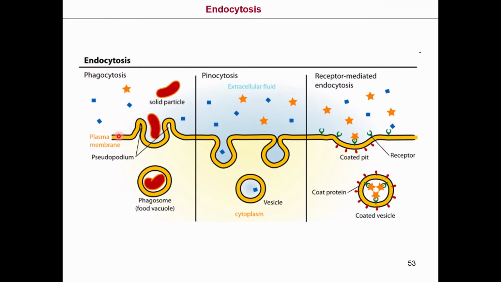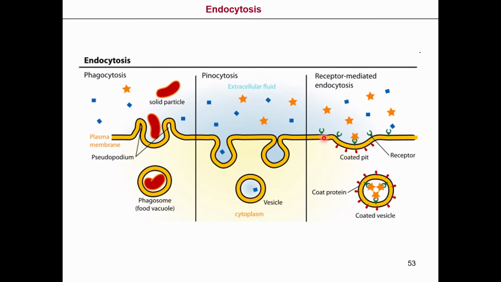It means that the plasma membrane, because of its fluidity, will form a phagosome, a vacuole, to transport something with high molecular mass. So indeed, the plasma membrane is not static. It's always in movement, and you will have formation of vesicles, vacuoles, and so on.